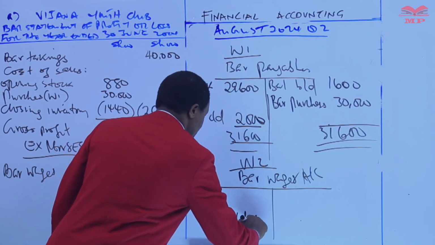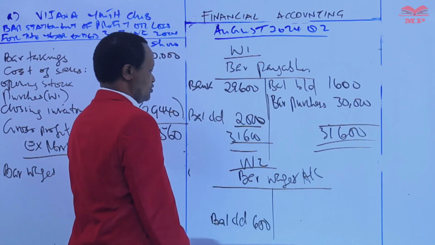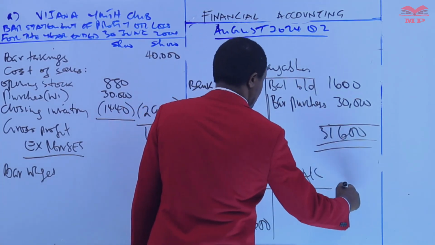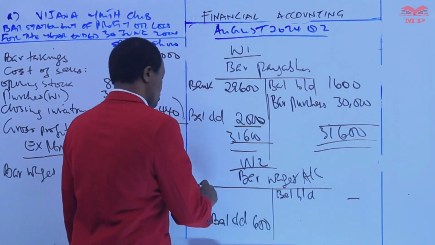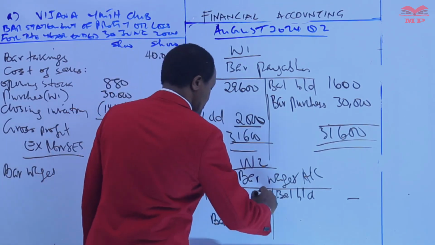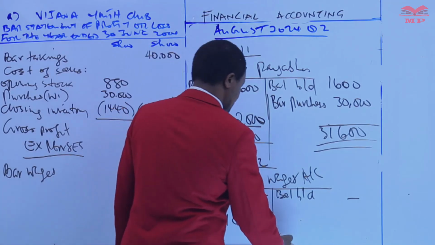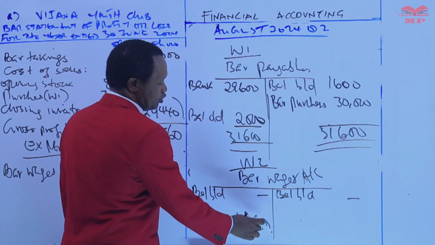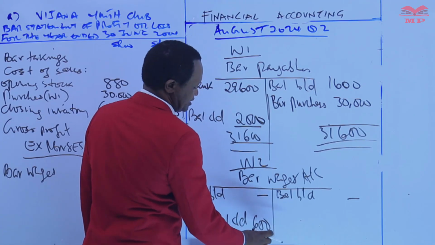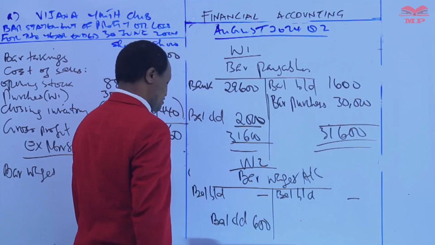So there is no balance here at the beginning. There is also no balance at the beginning here. This is accrued balance. Balance in these are wages in arrears.